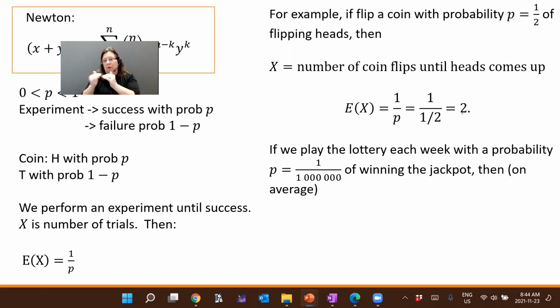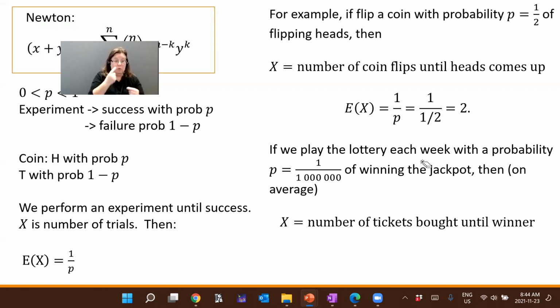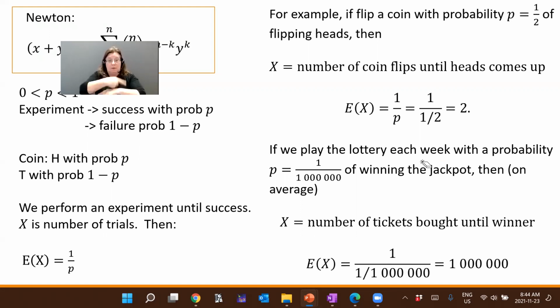On the other hand, if we play the lottery, and let's say we have a probability of 1 in a million of winning the jackpot, then on average, we play the lottery every week until we win. And then we do that a number of times, and we take the average number of tickets it takes until we win. Well, the average would be 1 over P. So P is 1 over a million.